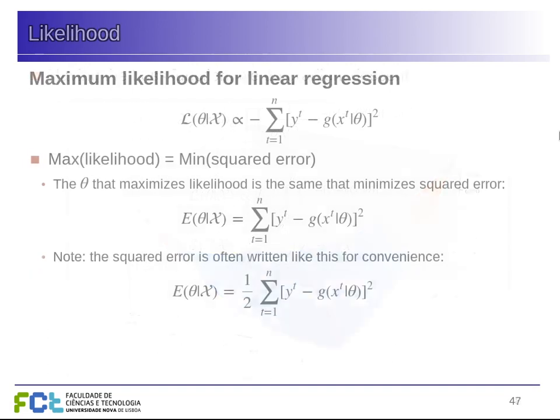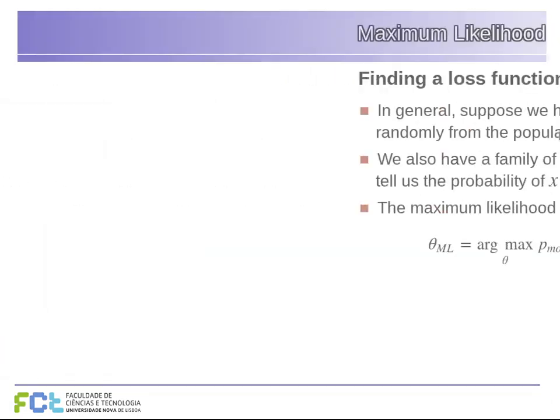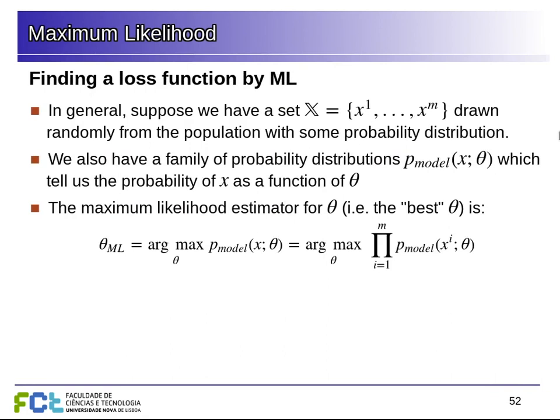But for the general case, what we have here is that our model, once we fix the parameters, can tell us the probability of the data being as it is. For example, if it's a logistic regression, it gives us the probabilities of belonging to class 1 or class 0. If it's a multi-class classification, it should give the probability of each of the classes, and so forth.